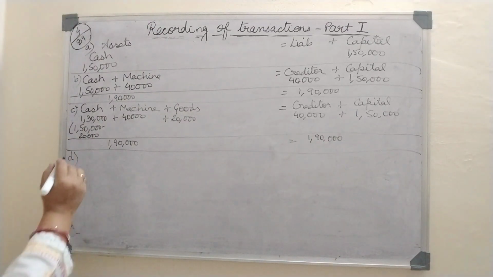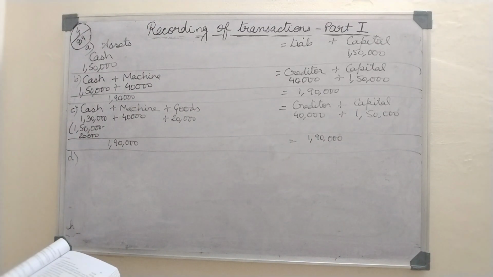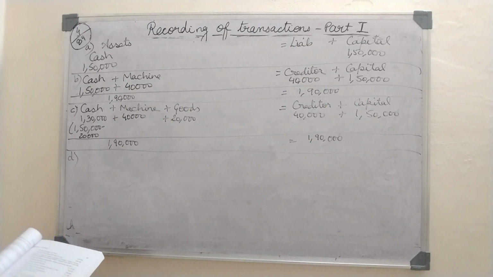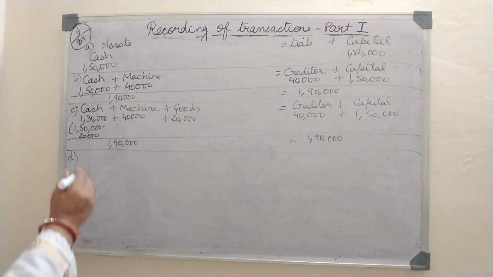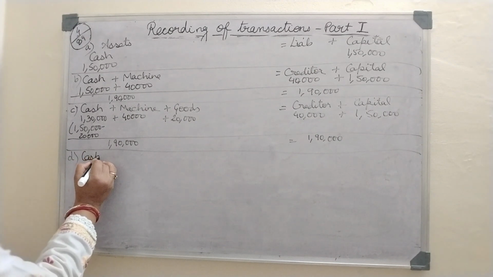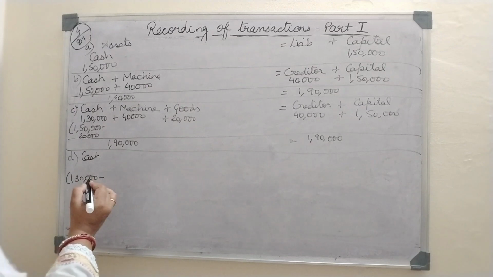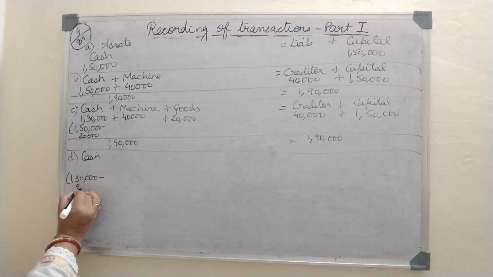Now next, purchased car for personal use. See, whenever we are purchasing anything for personal use, we don't create a separate head. Okay, it is like drawings only. So we have to subtract it from cash and capital. So from cash we will subtract 1,30,000 minus 80,000.